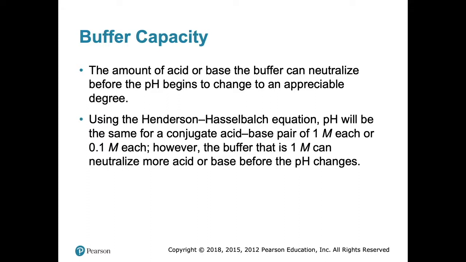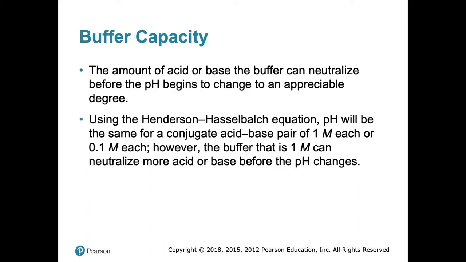Which is only 2 more slides. So what is buffering capacity, right? All this here just says this one thing. Most buffering capacity is going to be plus or minus 1 pH unit, okay? So for example, if you're talking about the carbonate bicarbonate buffering system in your blood, and your blood is pH of 7.4, the buffering capacity of the 7.4 in your blood is plus or minus 1 pH, right?